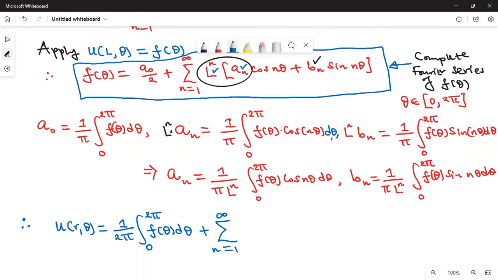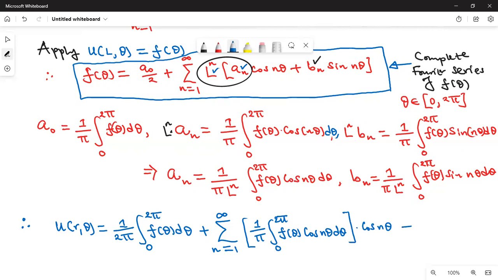So let me just write here. It is equal to 1 over pi times the integral from 0 to 2 pi of f of theta cosine of n theta d theta. This is multiplying cos n theta. That's what we have.